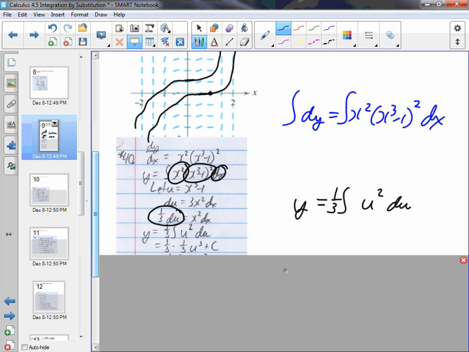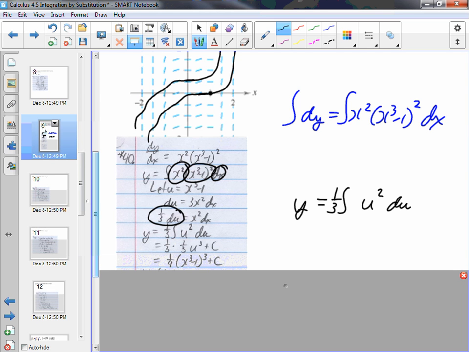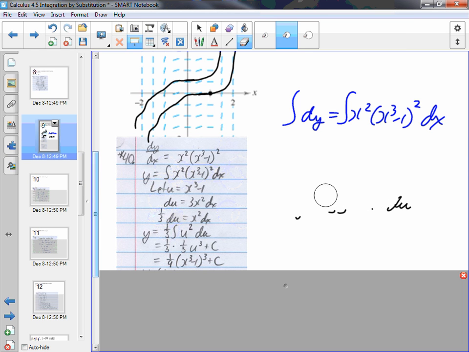So you've got the 1/3 out in front, and then you power rule, add 1 to the exponent, divide the coefficient by the new exponent, plus c, then put it back in terms of x. So 1/3 times 1/3 is 1/9. u is x cubed minus 1, quantity cubed, plus c.